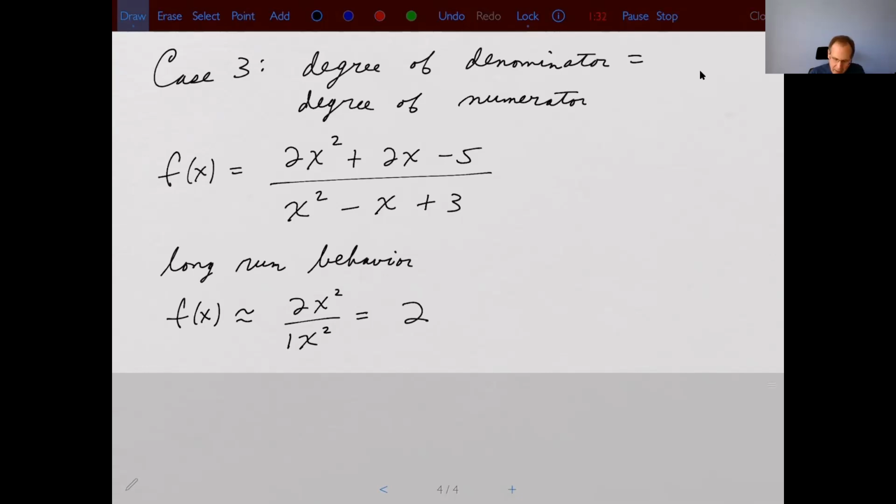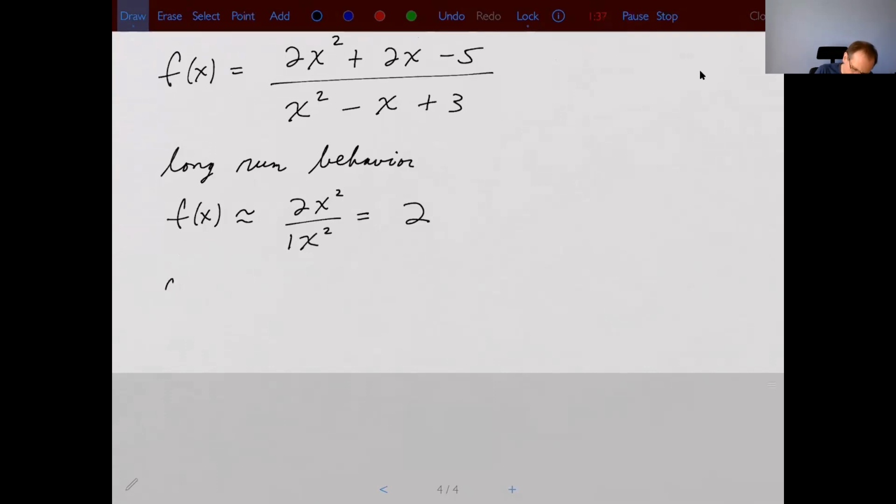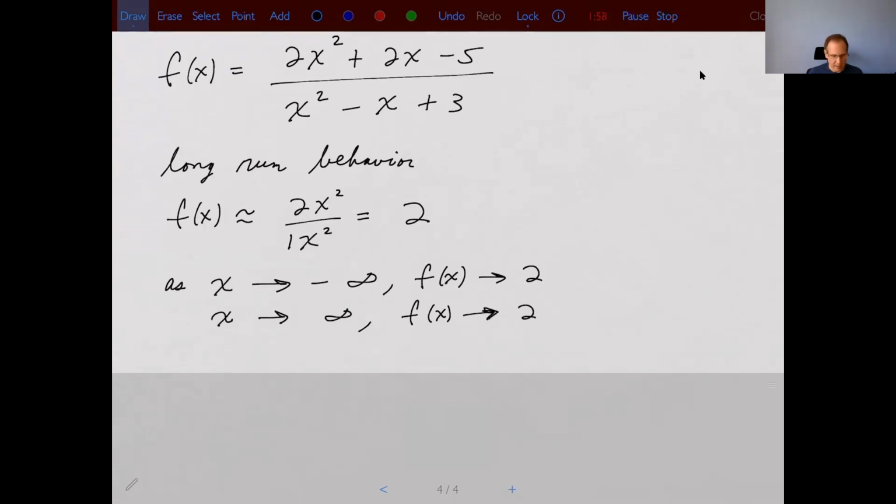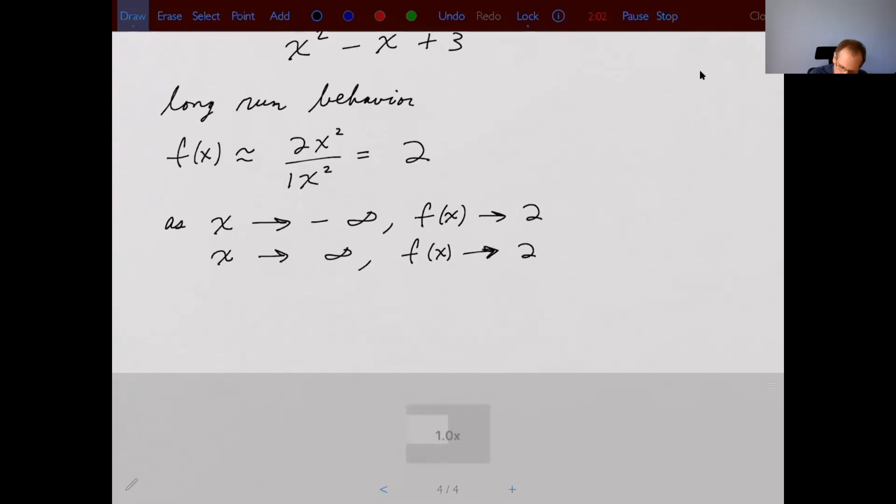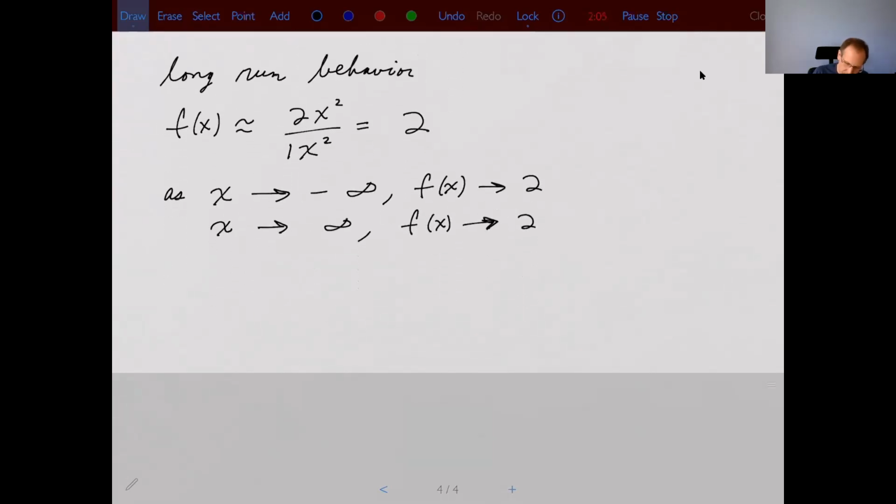So as x approaches negative infinity or positive infinity, the rational function is approaching the value 2. It's approaching that constant. So in this case, there is a horizontal asymptote, and it's the line y equals 2.